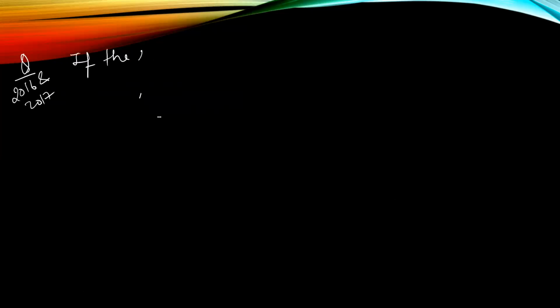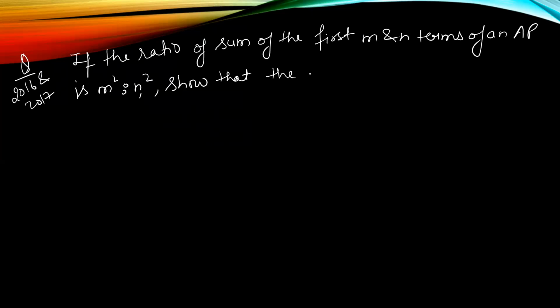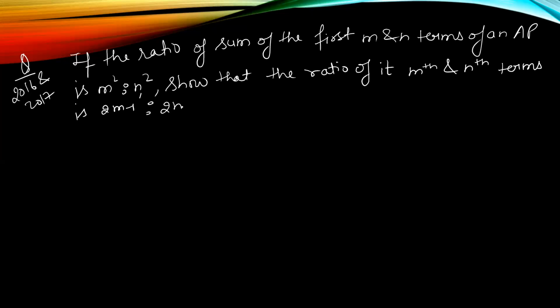If the ratio of the sum of the first m and n terms of an AP is m square is to n square, show that the ratio of its mth and nth terms is 2m minus 1 is to 2n minus 1.